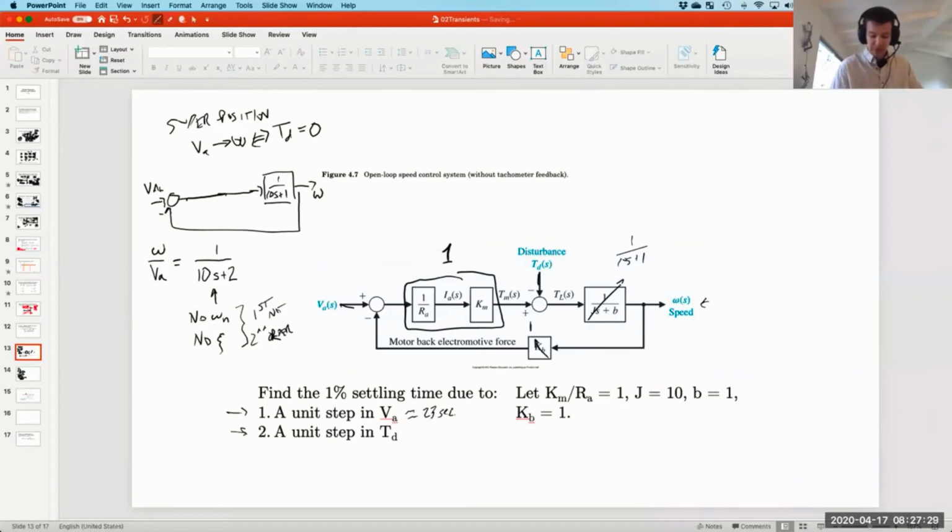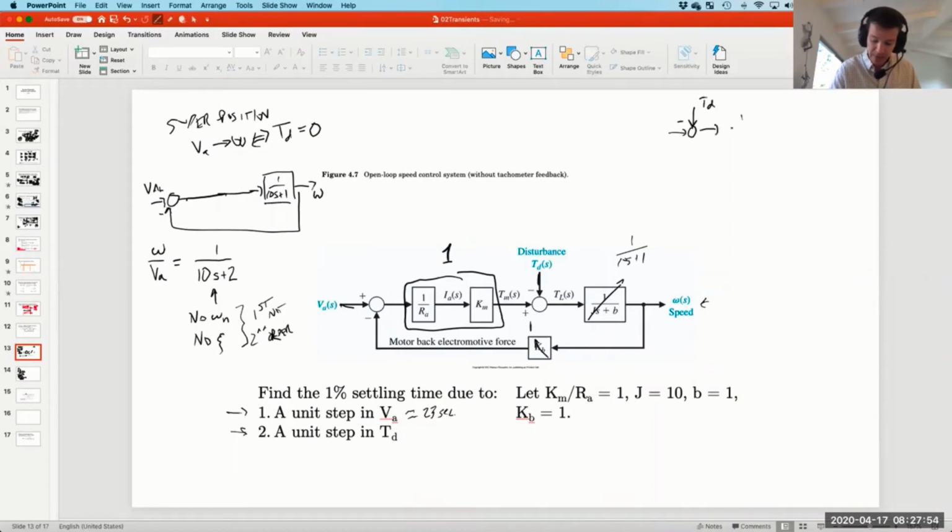Okay, so let's consider question 2 on this slide, which is a unit step in T sub D. Again, this means if I want the effect of T sub D on the output, I need to set the other inputs to 0. So this is the exact opposite diagram. This is T sub D is non-zero.